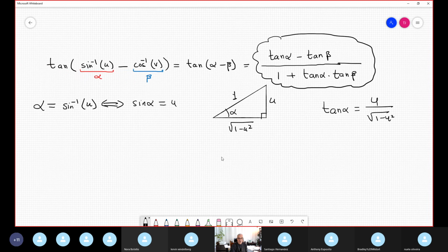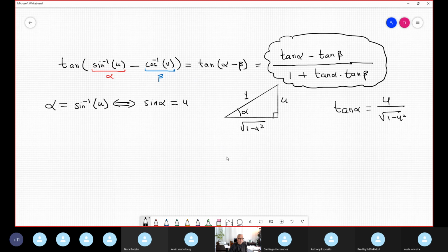Let's come back to the beta triangle now. Beta is cosine inverse of b. Okay, it's equivalent. To see more clearly, in the direct trigonometric function, it is cosine beta equal b.